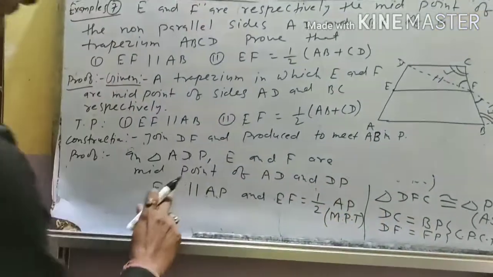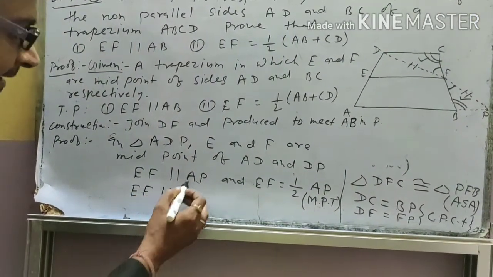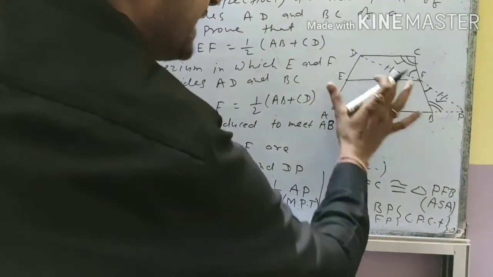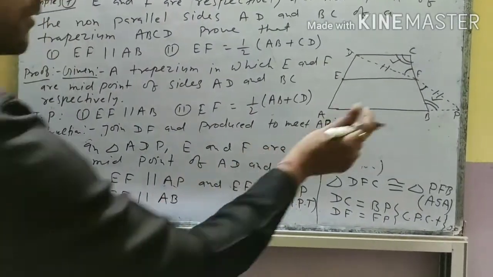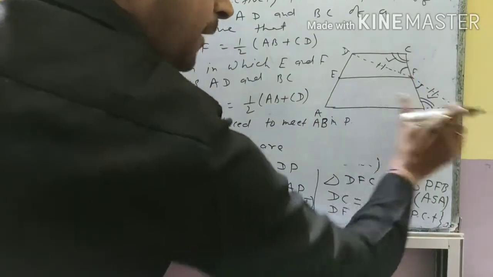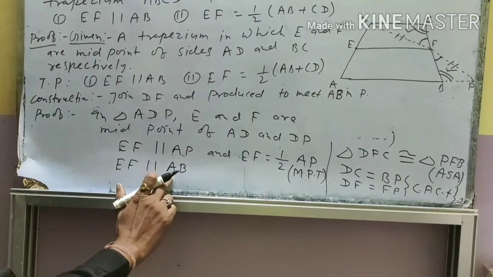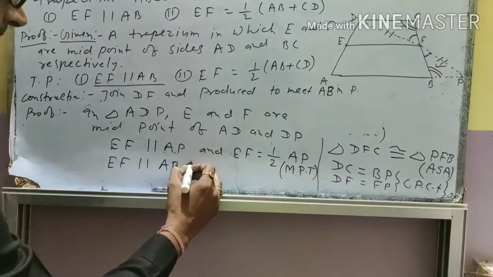By MPT, EF is parallel to AP. We can write EF is parallel to AP as well as EF is parallel to AB also, because B is any point existing on AP. So EF is parallel to AB.